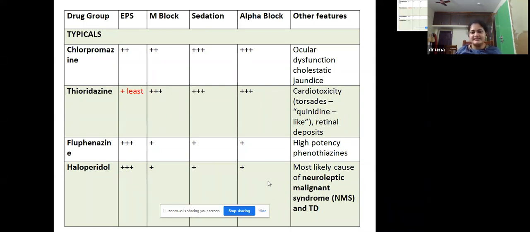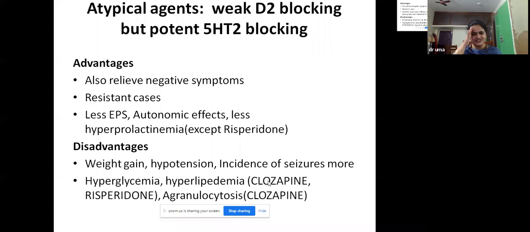And chlorpromazine produces cholestatic jaundice and ocular dysfunction as side effects. Thioridazine produces cardiotoxicity and retinal deposits. Fluphenazine and haloperidol are high potency drugs, so EPS is more with these drugs. And with atypical agents, the difference is they relieve both positive and negative symptoms, but typicals relieve only the positive symptoms. They can also be used in resistant cases.